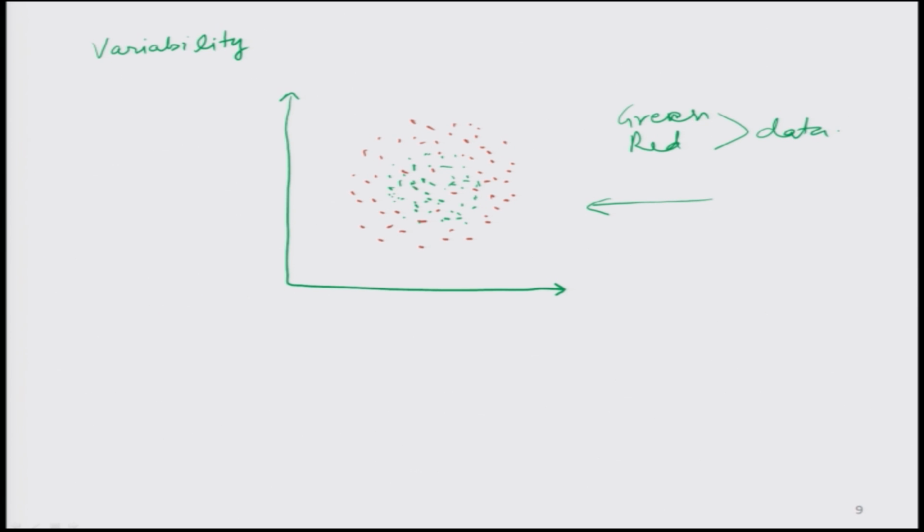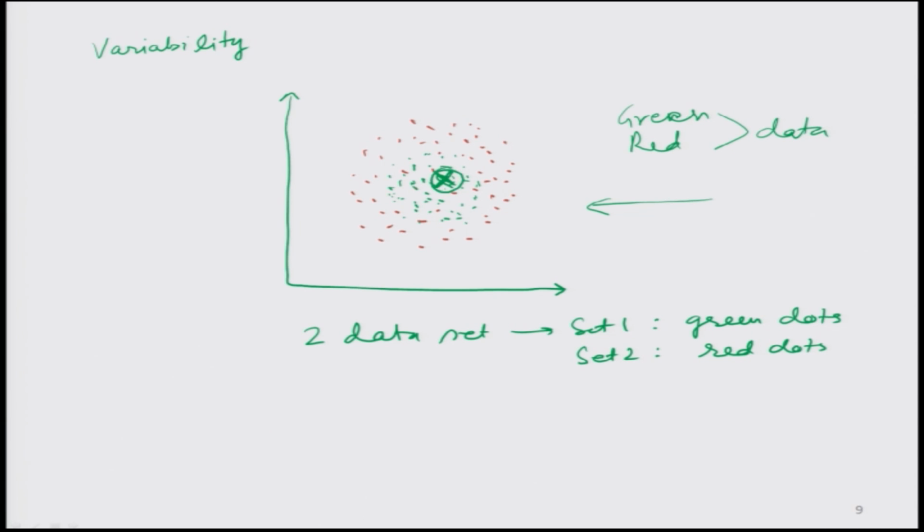So what is really happening is that I have got two data sets. Set number 1 is represented by green dots, meaning I have plotted it, and set number 2 values are denoted by red dots. So now when I plot it, what do you observe here? You can see that the measure of central tendency of green dots and red dots is somewhere here.